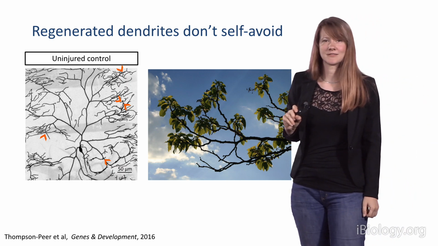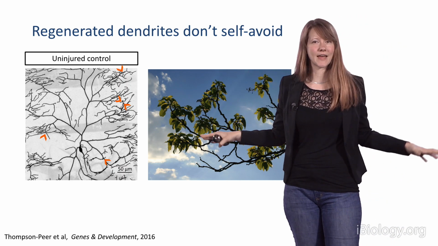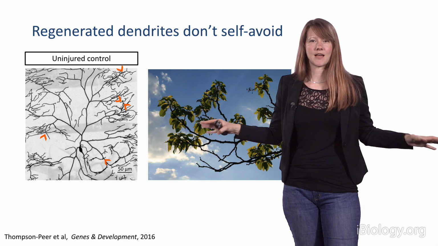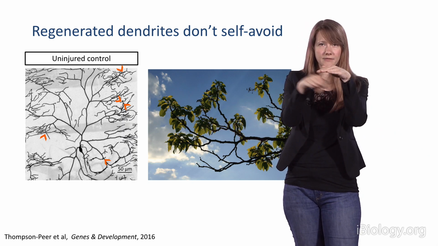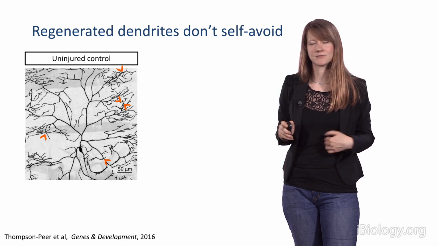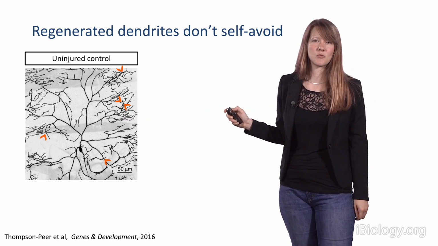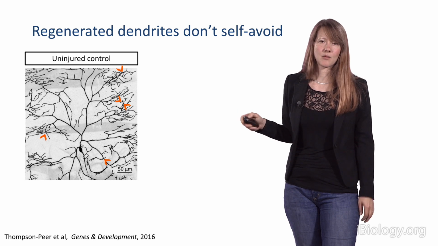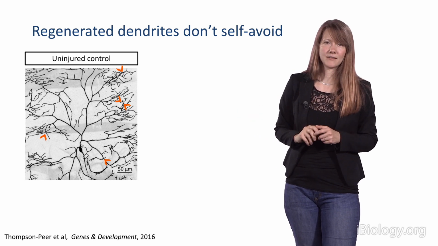Same thing with the neuron. It's responsible for covering that territory maximally as opposed to redundantly. So that's our uninjured neuron doing pretty well. Those orange carrots show you a few places where it does have some dendrites crossing over, but not many.